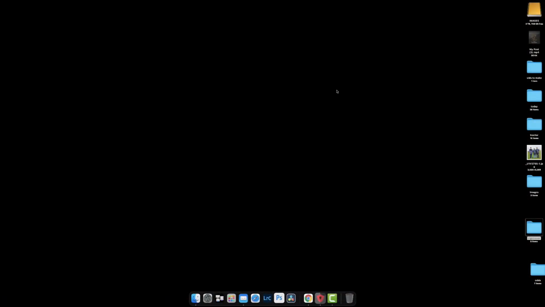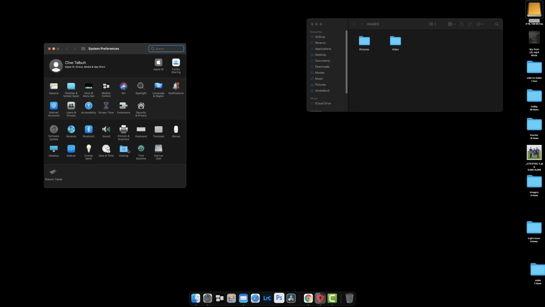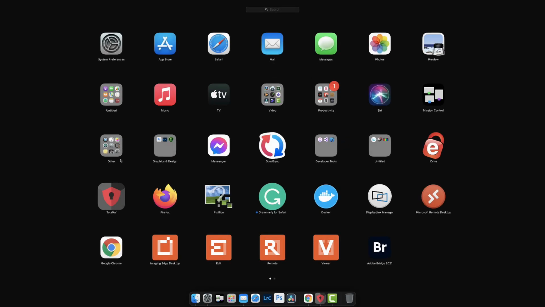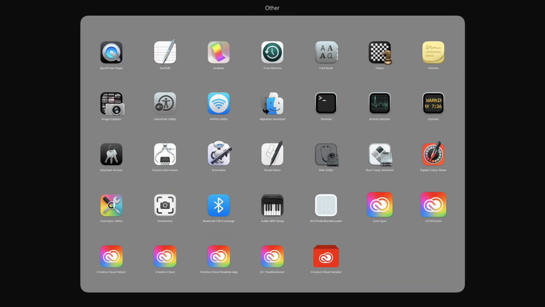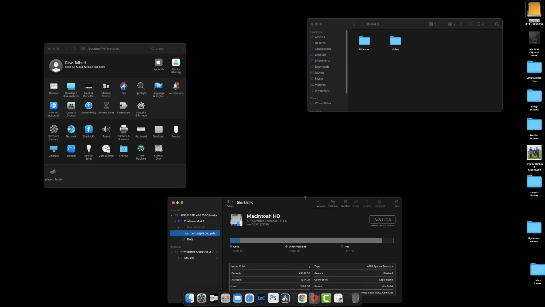Here we are, I've got the desktop up on my Mac Mini, and up on the top right hand side is my external disk drive. On the external 2TB disk drive, if I run up Disk Utility, we'll be able to see that. Where is it? It should be in here. Disk Utility shows us the disks that are connected to the system at the moment.